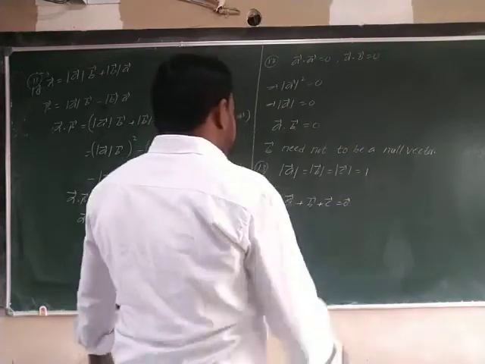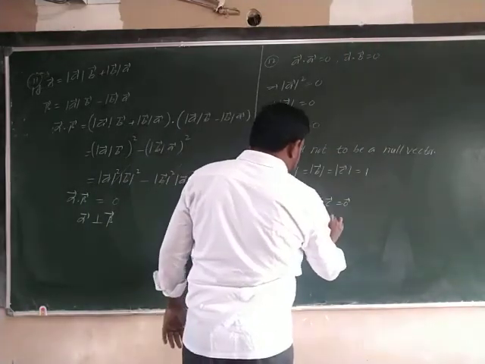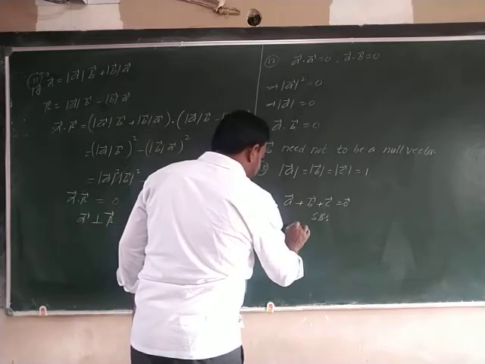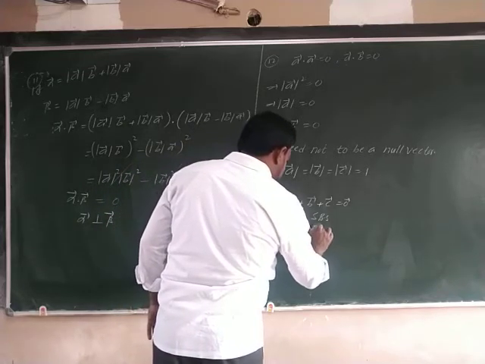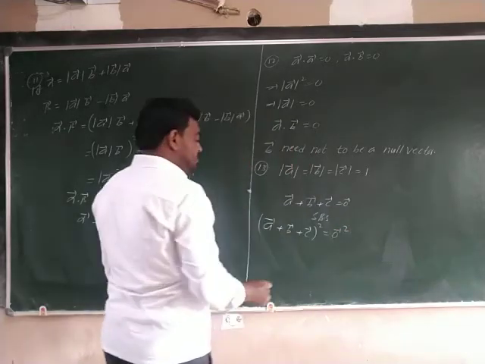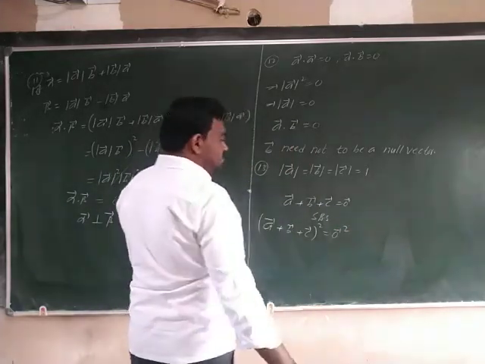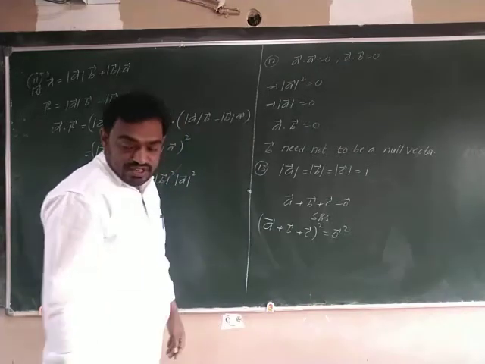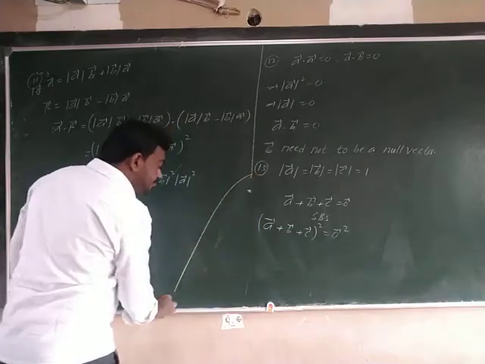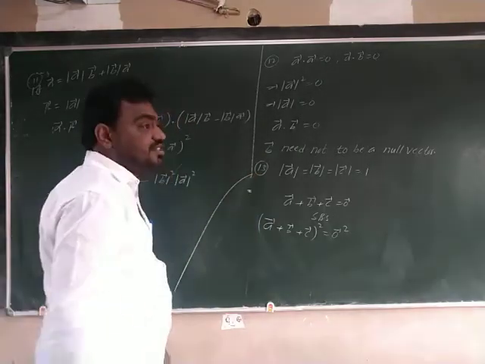Here you take squaring on both sides. That is, vector a plus vector b plus vector c whole square is equal to 0 square. It is in the form of (a plus b plus c) whole square, which is a square plus b square plus c square plus 2ab plus 2bc plus 2ca.